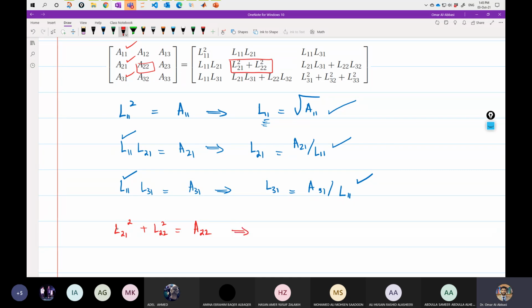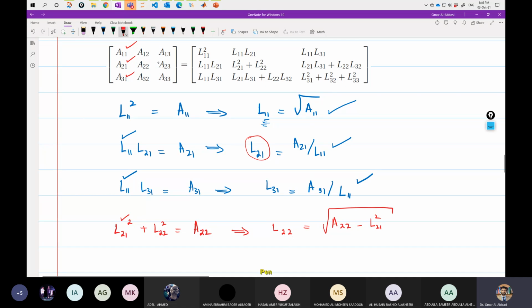And notice that L21 is known. We just found it over there. So this is known. So L22 squared, how much is it? A22 minus L21 squared. And in order to find L22, it's everything under the square root. Is that clear? Are we done with that element? Yes.